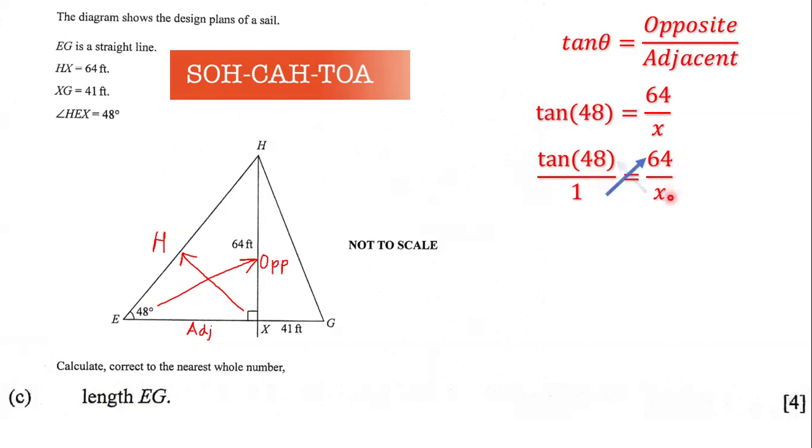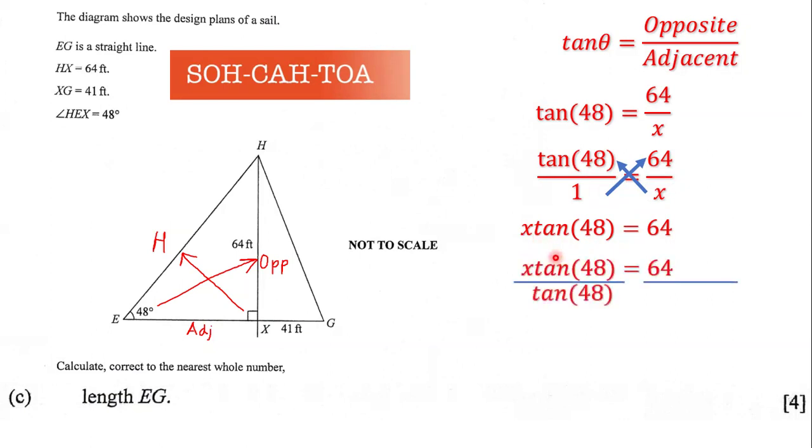We cross multiply. We take tan of 48 and multiply it by x, and we take 1 and multiply it by 64. And so we have that x times tan of 48 is equal to 64. We still need to figure out what x is, so I'm going to divide both sides by tan of 48.